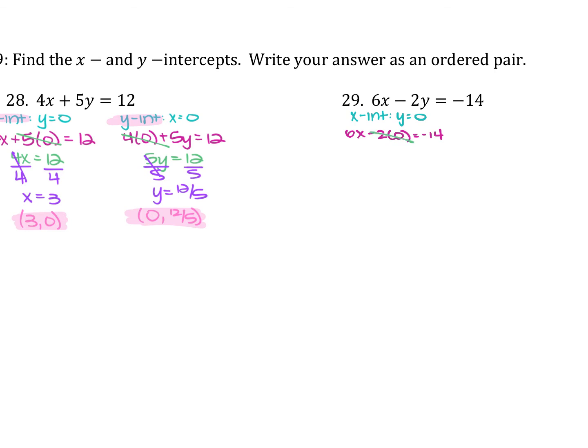The 2 times 0 cancels out, so that's just 6x is equal to negative 14. We divide each side by the 6, and we simplify to get that x is equal to negative 7/3. So that is the ordered pair, negative 7/3, 0. And again, that is your x-intercept.